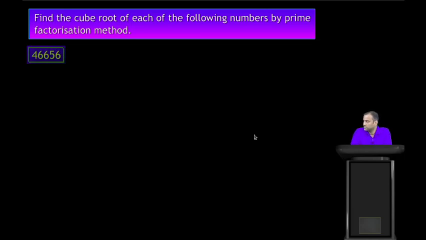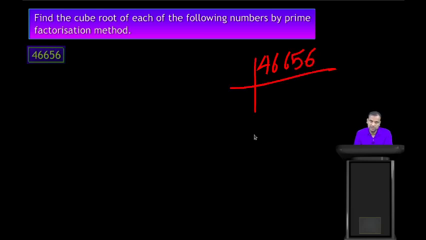Okay students, now it's your turn to find the prime factors of this number. So quickly, use your notebook and pen and find the prime factors of this number. So first we will divide this one by which number? Yes, it is 2.